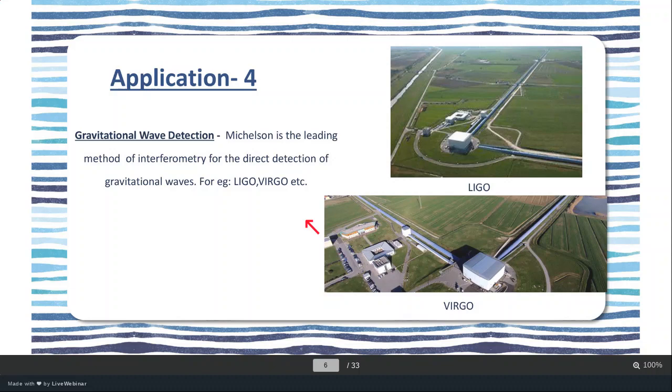Gravitational waves create minuscule changes in the space-time sheet. When those changes occur, the light beams being recorded are changed by a very minuscule amount in the Michelson interferometry setup. Using advanced detectors and sensors, we can measure those tiny changes, and those tiny changes give us the proof of gravitational wave detection.